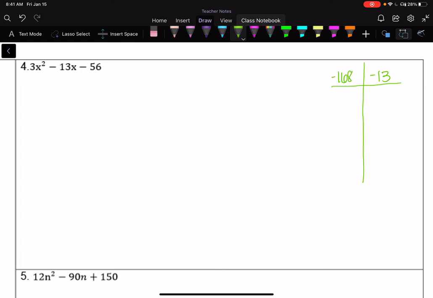Remember, when we are doing this, we need to list all of our factor pairs to see if we can find something that adds to be negative 13. To do this, you'll go to Table in your calculator and just do regular 168 divided by x. Start at one, step by one, and list all the pairs.